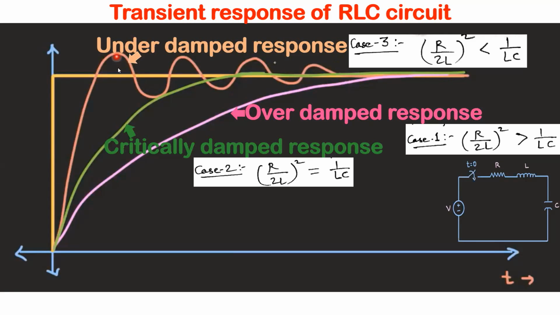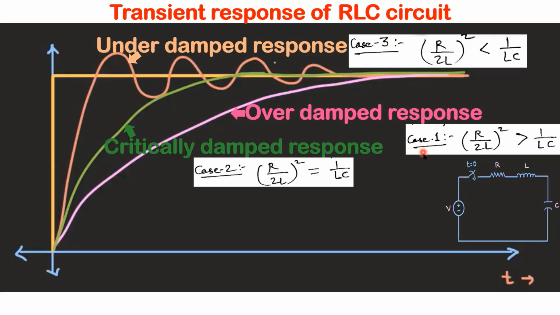That means the magnitude of this particular oscillation is the highest, then this, then this, then this, and the oscillations will die out or the response will settle down after a certain amount of time, and after settling down, the system will give the steady state value. So these are the three cases which you can see.